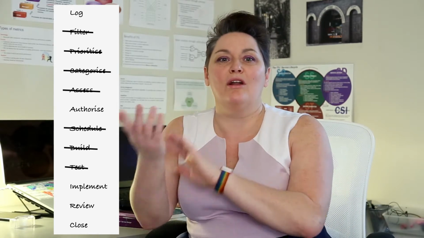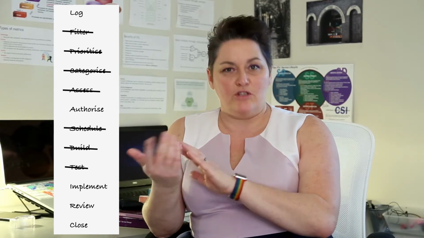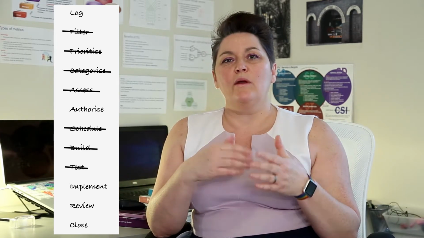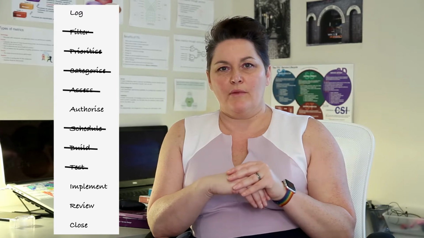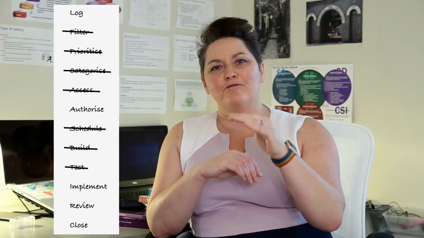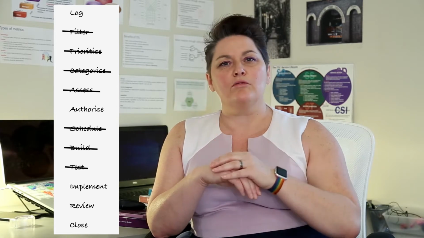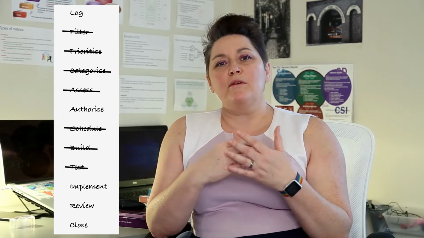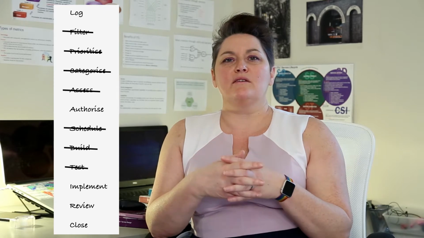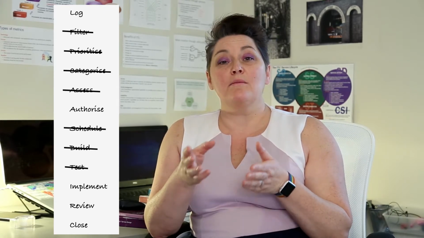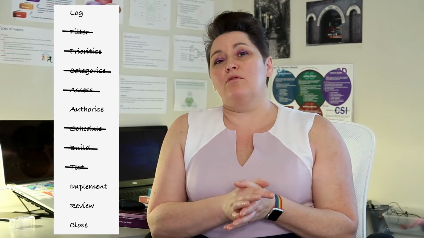We give June her laptop. We check that it's worked. It's part of the review. Is it working okay? And then we close the change. We're still going through every single one of those steps. We're still going through the process. But what we've done is predefine some of those steps, and we have used our core logging system to manage that, to facilitate that for us.